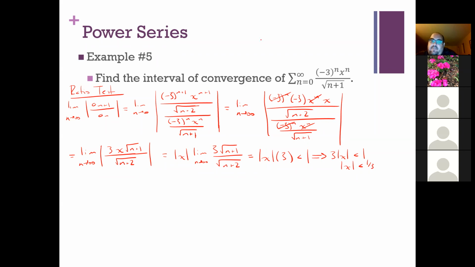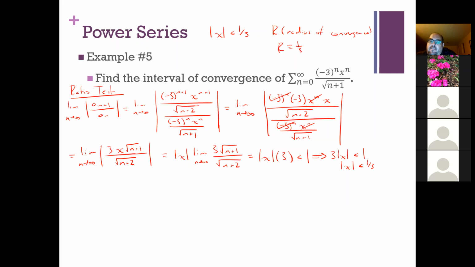I'll pull this up to the top. The absolute value of x is less than a third. That means my radius of convergence, r, is equal to 1/3.